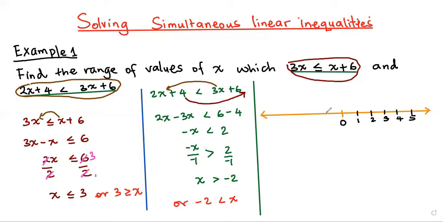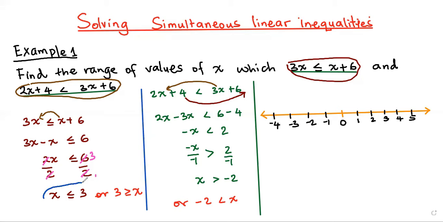Then let's have -1, -2, -3, and -4. Is that okay, student? Yes.